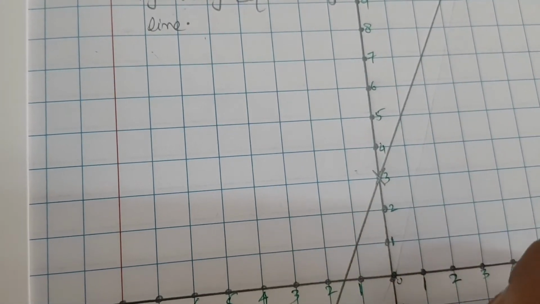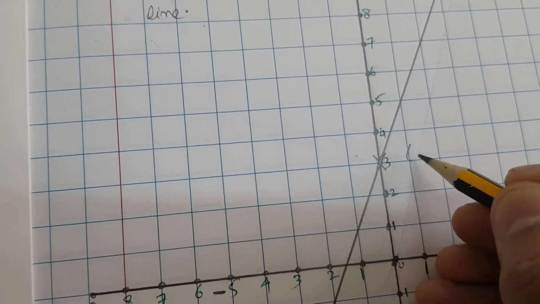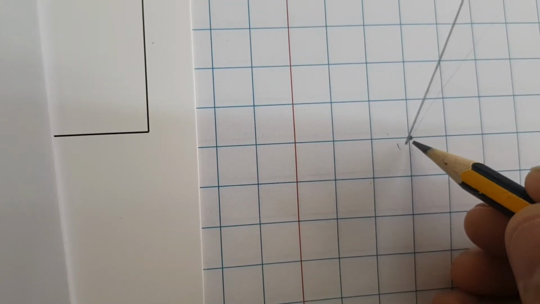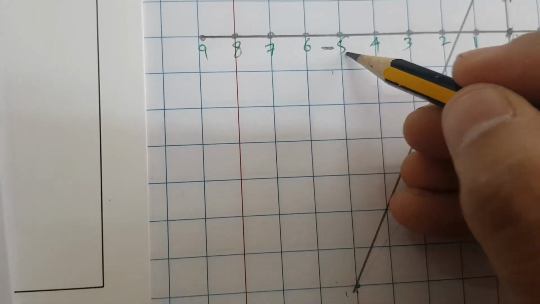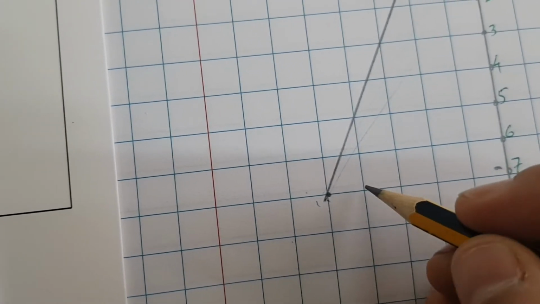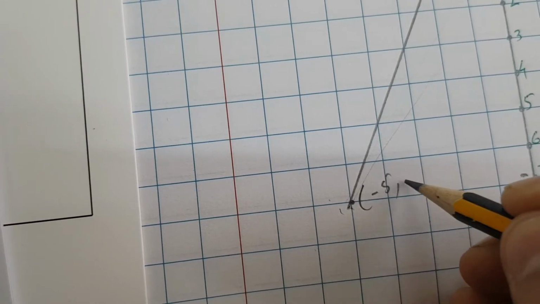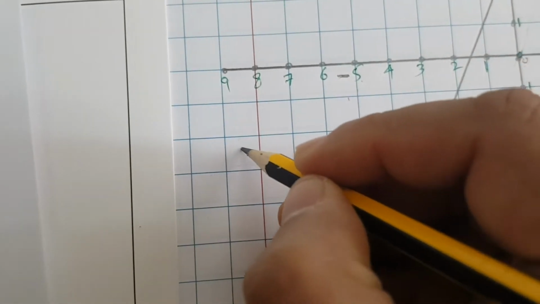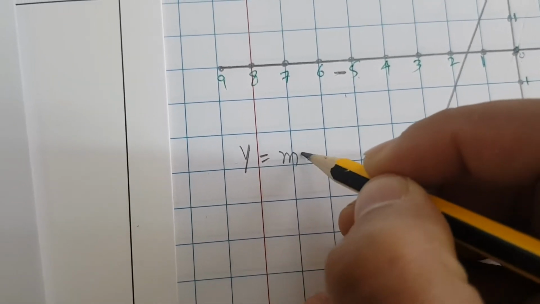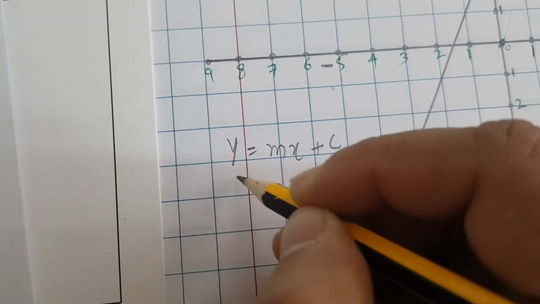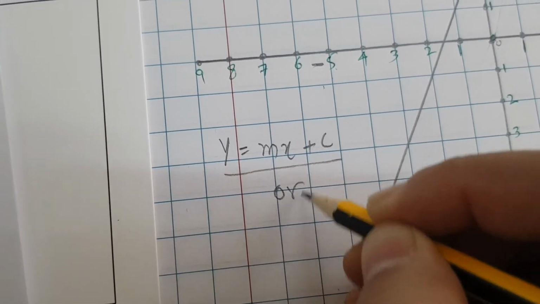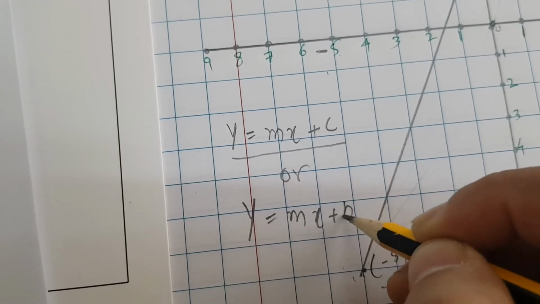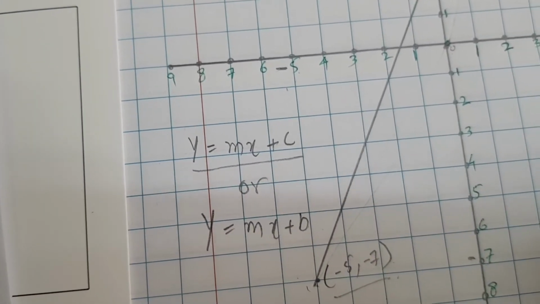And for this one, x is negative 5 and y is negative 7. Remember the equation I used, y equals mx plus c, or y equals mx plus b. This is what I did.